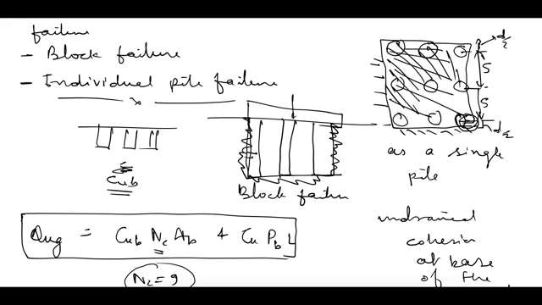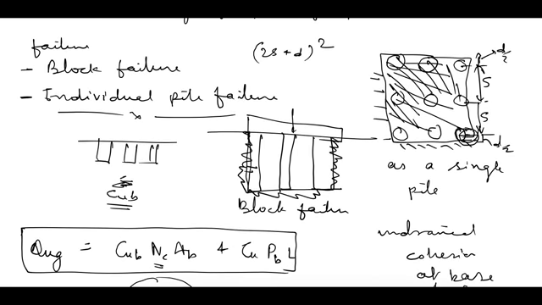So this total length will be equal to 2S + D. And so what is the area of base? If it is a square shape, then it will be the square of this thing, that is (2S + D) square. So that way we can find out this area of the base.